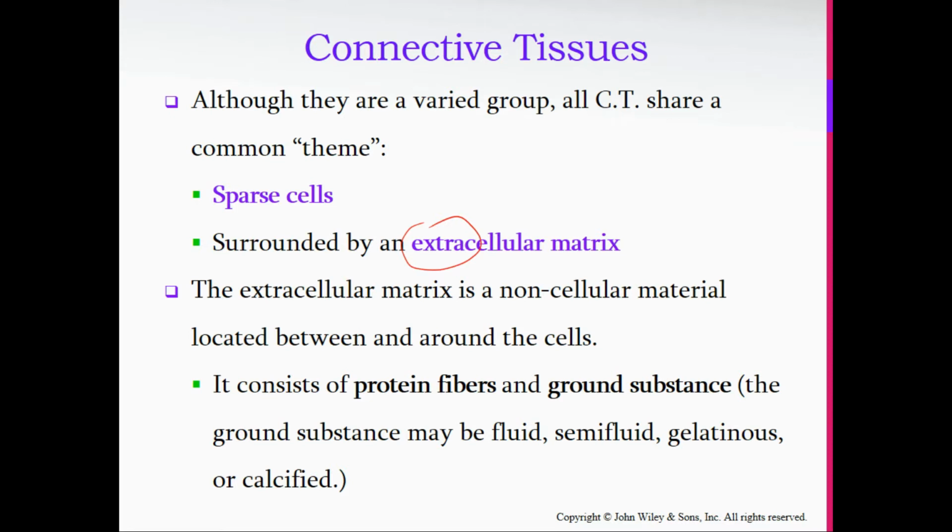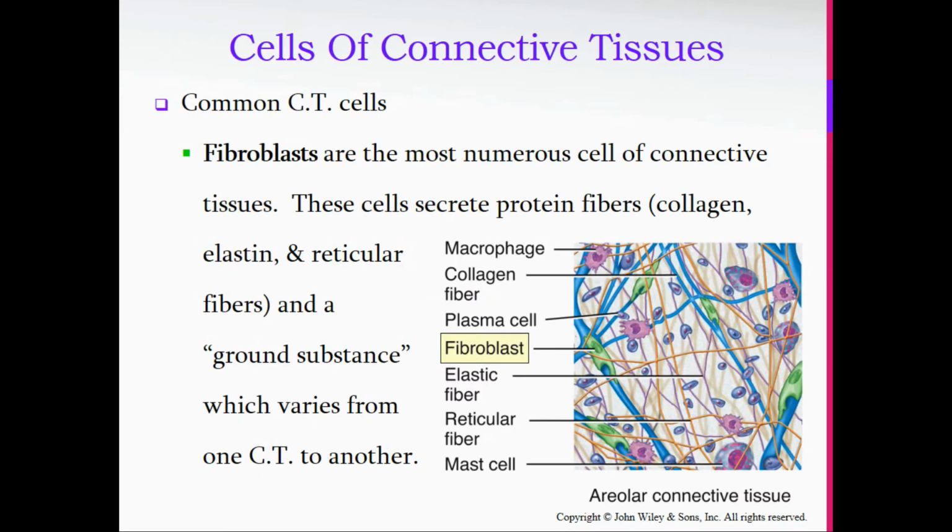So depending on the kind of connective tissue we're talking about, the ground substance could be fluid, a semi-fluid, a gelatinous material, or a calcified matrix. And of course, if we're talking calcified matrix, we're naturally talking about bone.